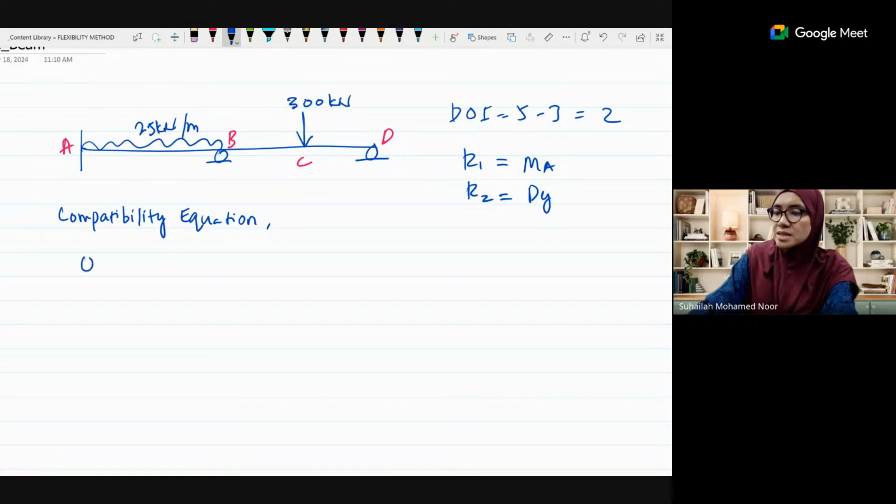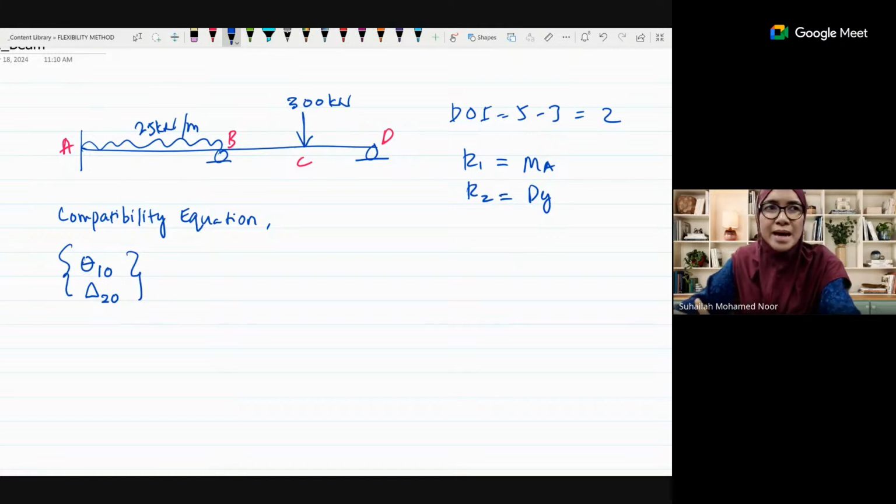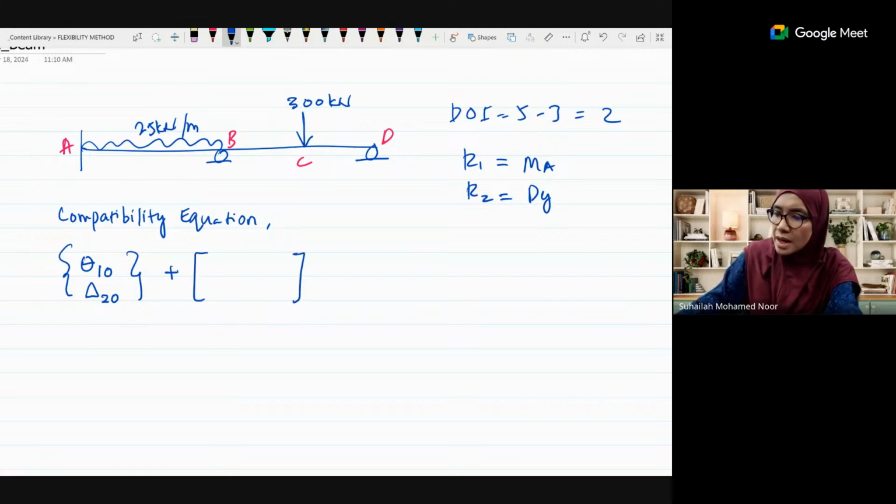So the first one is theta 1 knot, and the second one is dy, so this is delta 2 knot. So these are the 2 displacements in the primary structure, the primary beam. Plus we have F11, F12, F21, F22.